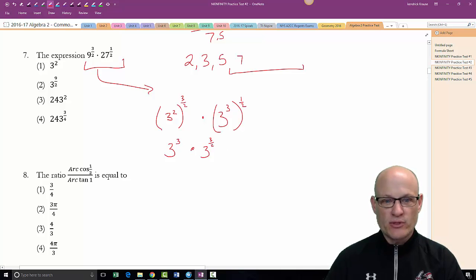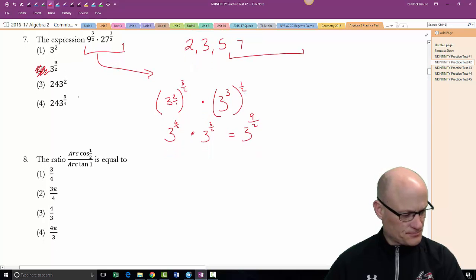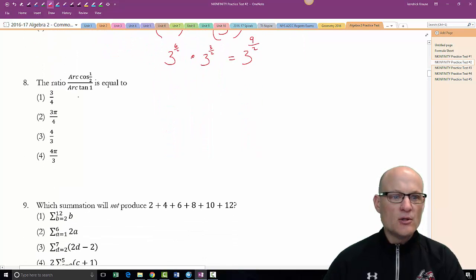So 3 plus 3/2. Well, 3 is really, I could have left this as 6 over 2. Maybe that would have been even easier, right? I could have gotten 6 over 2, which is just 3. So 6 over 2 plus 3 over 2 is 3 to the 9 over 2. And had you put that in your calculator, you would see that that is, in fact, the appropriate answer.